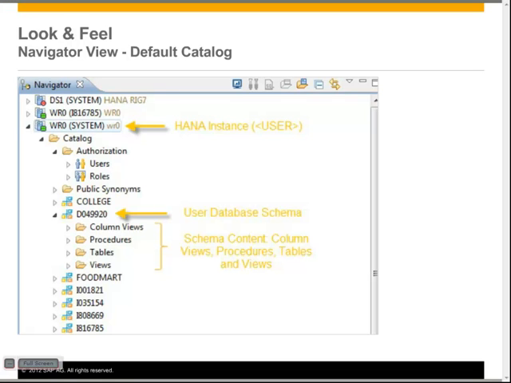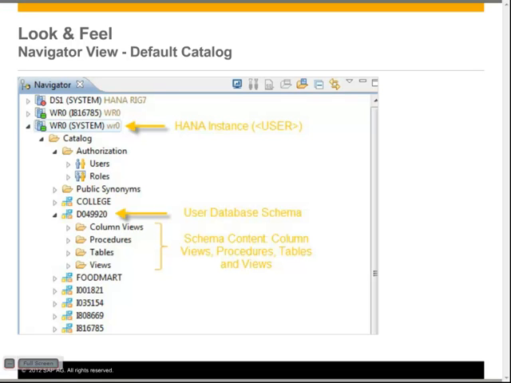So this left-hand view that we mentioned is the navigator. You could see the HANA instance, and under the HANA instance, if you expand it, you will see the catalog. The catalog itself contains different database schemas. You may have come across the term schemas when using other databases.